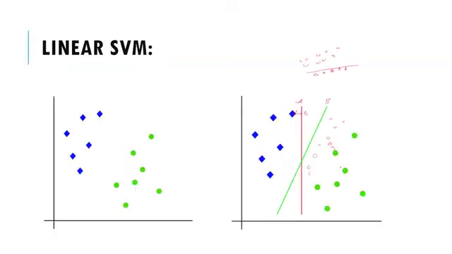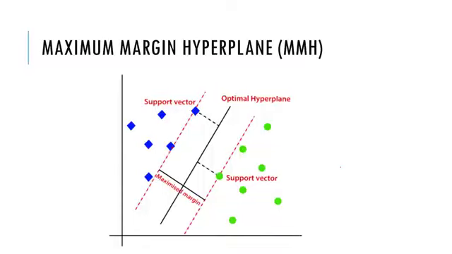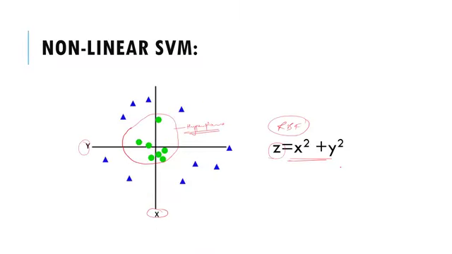So this is your linear. If the data is linear, then it will identify the best line which segregates these two classes, and it will use the maximum margin hyperplane technique to come up with that particular line. If it is non-linear, then it will do some transformation based on the kernel which you will decide and give to this algorithm.